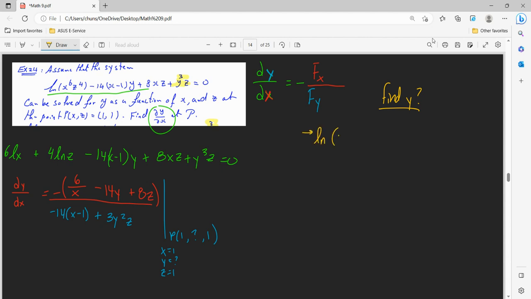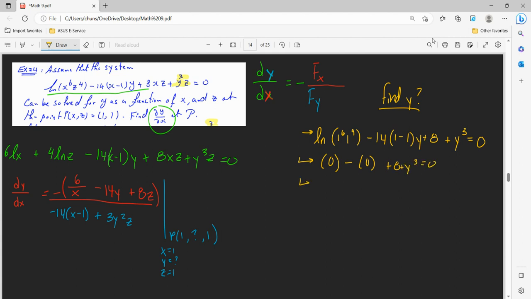So this is ln 1 to the power 6 times 1 to the power 4, minus 14, and this is 1 minus 1 times y, and this is 8 times 1 and times 1 again, so that's just going to be 8, and times z is 1, so this is 0 minus 0 plus 8 plus y cubed equals 0.